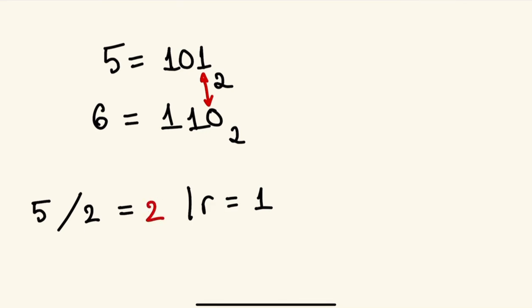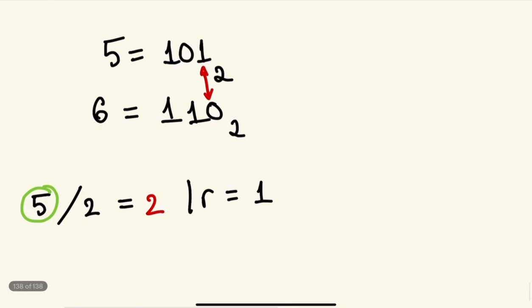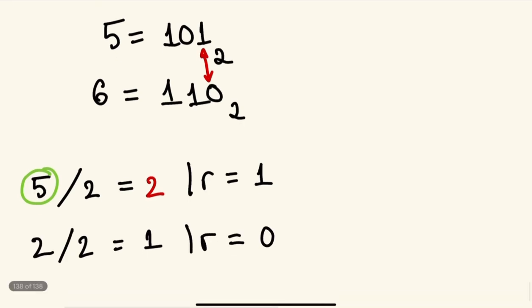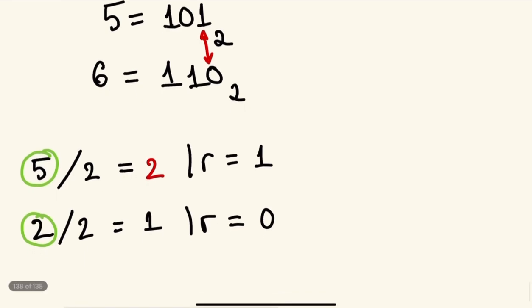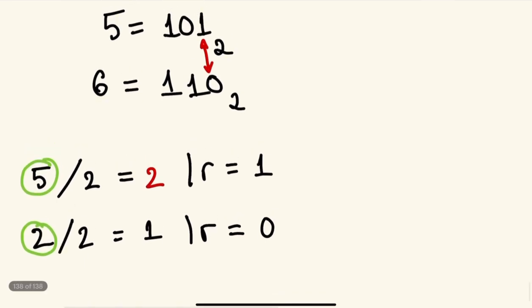And the remainder is 1, because 5 is not an even number, it's an odd number. And next, if we take 2 divided by 2, you still get 1, but the remainder is going to be 0 because 2 is an even number. So that's this logic flow.